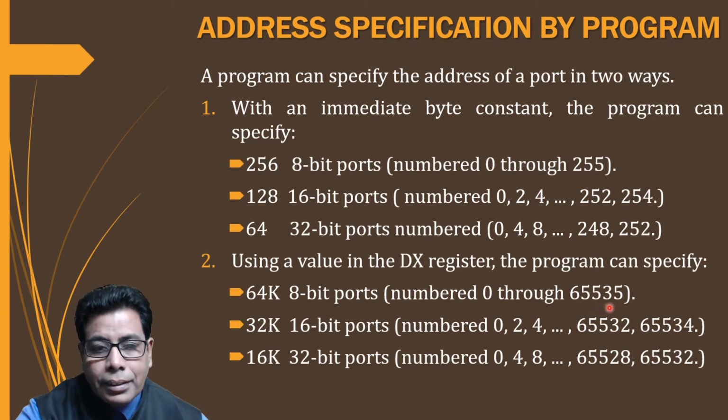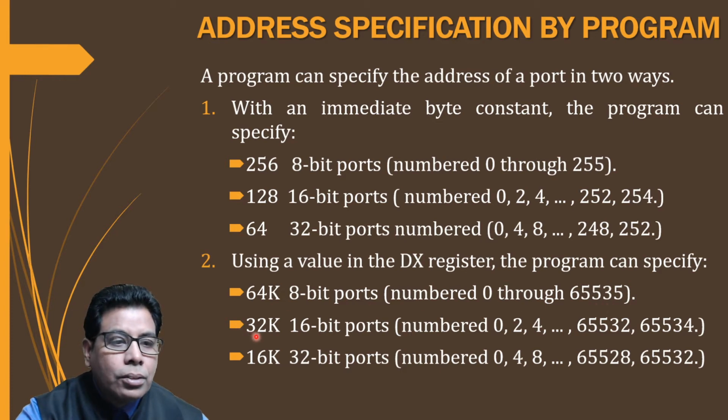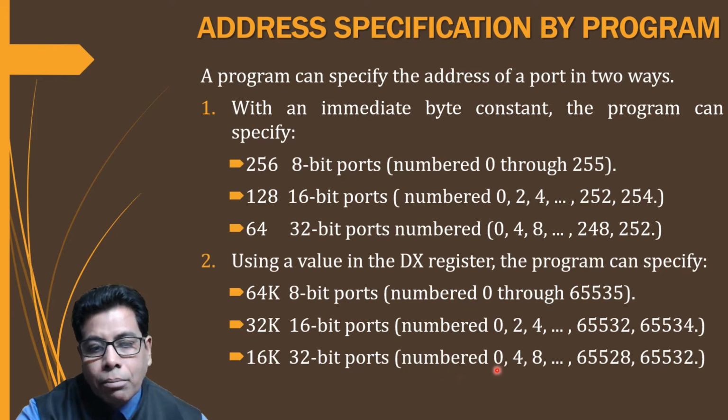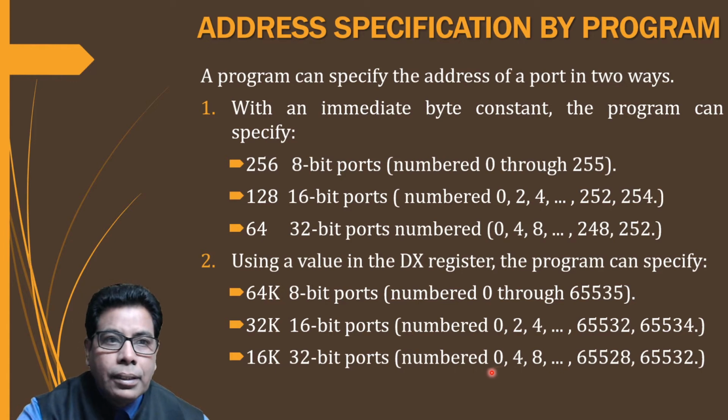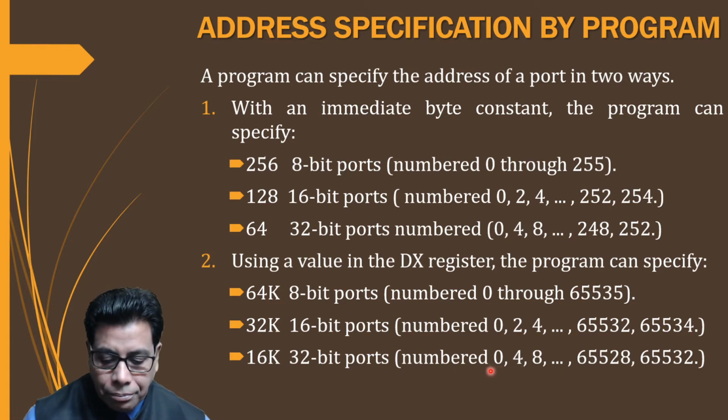Similarly, it will represent 32K 16-bit ports, where the address will again be even, and then 16K 32-bit ports, where the address will again be a multiple of 4. In this way, the address will be specified by the program.